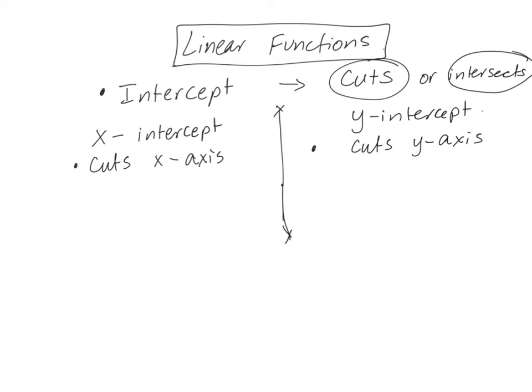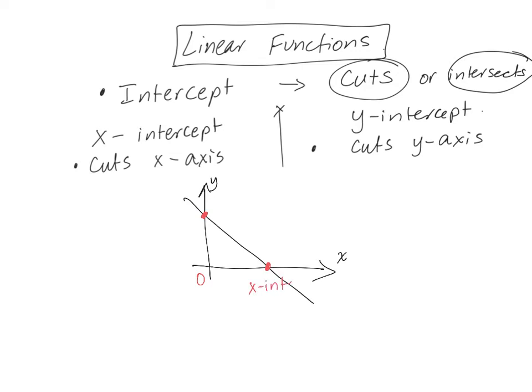So if we had a graph and it's cutting the x-axis and the y-axis, for example, here and here, right? So this is where we have the x-intercept, and this point is your y-intercept.